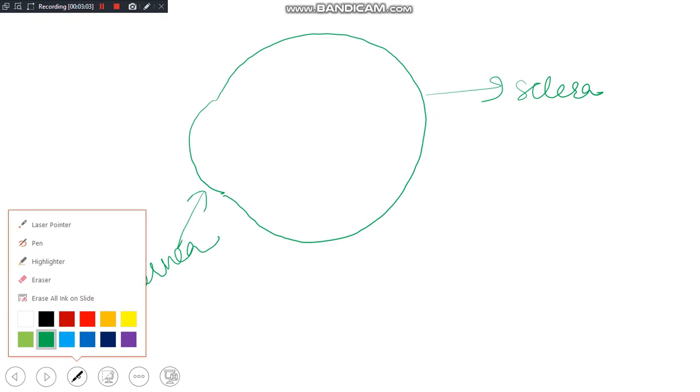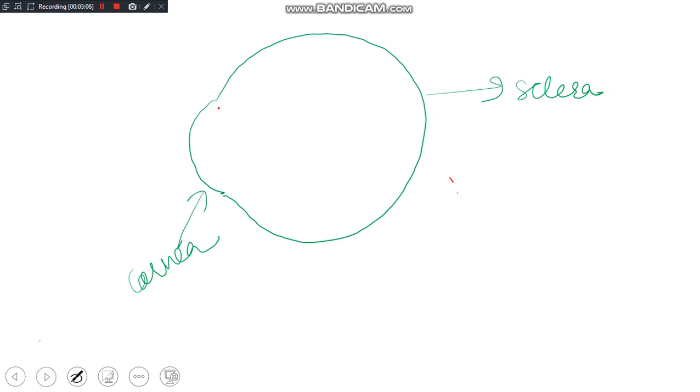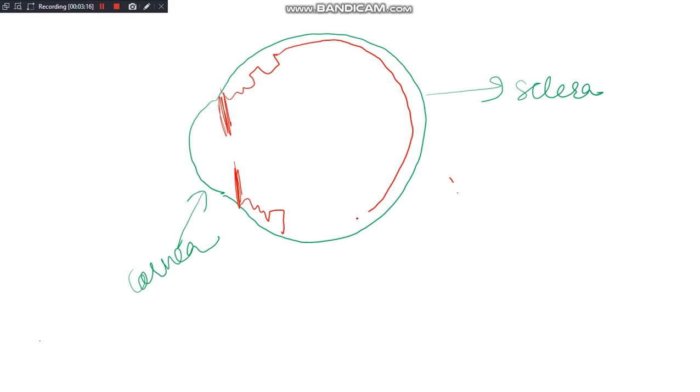Then inner to it is your, what is it? The iris, which continues with your ciliary body and which further continues as your choroid. Fine? That is your second layer, the vascular layer. And the innermost thing is your retina, which is the photosensitive part of the eyeball.